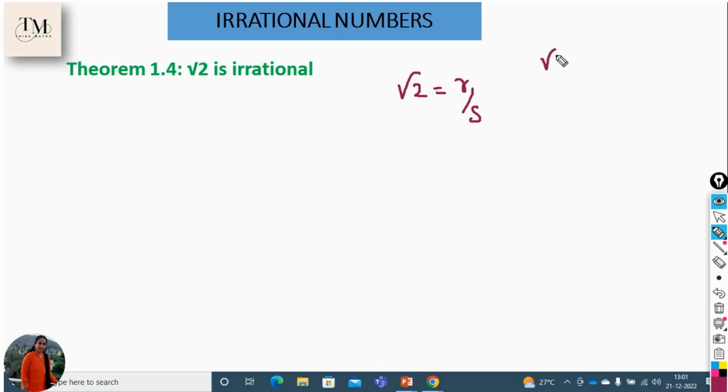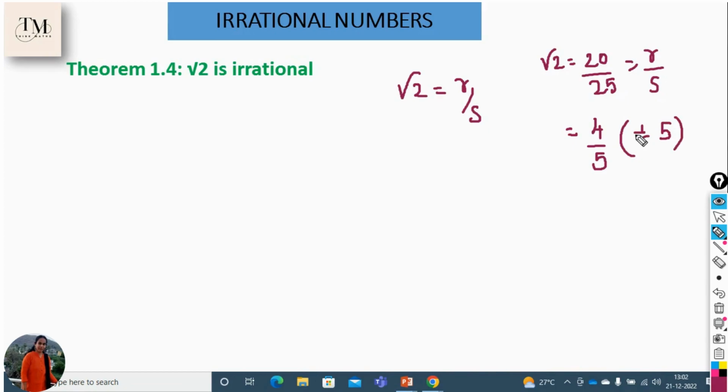That is, I can say that root 2 is equal to 20 by 25. Here r is equal to 20, s is equal to 25. So they both have the common factor 5. So if I divide by 5, I get root 2 is equal to 4 by 5.